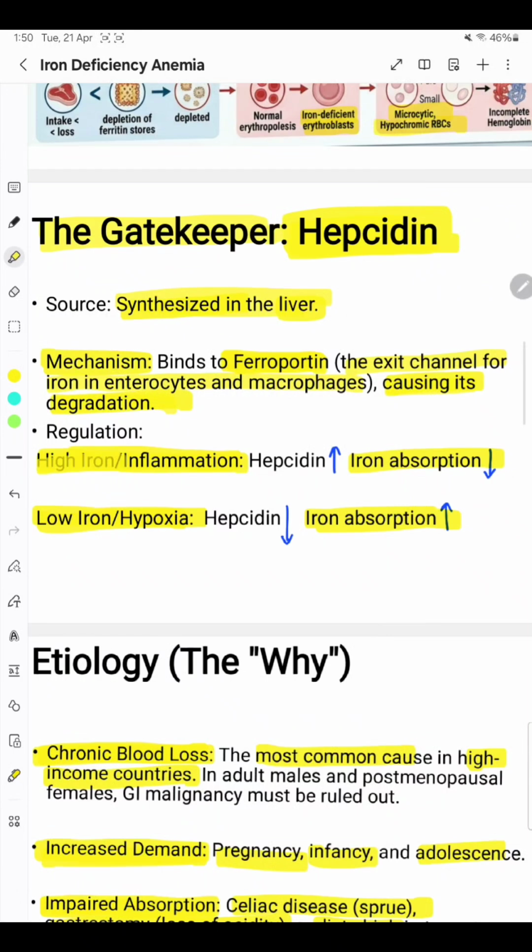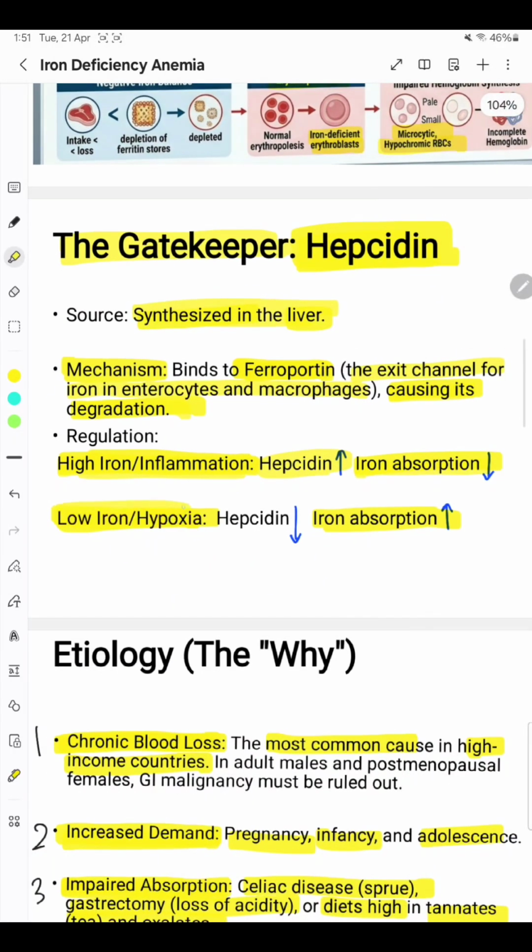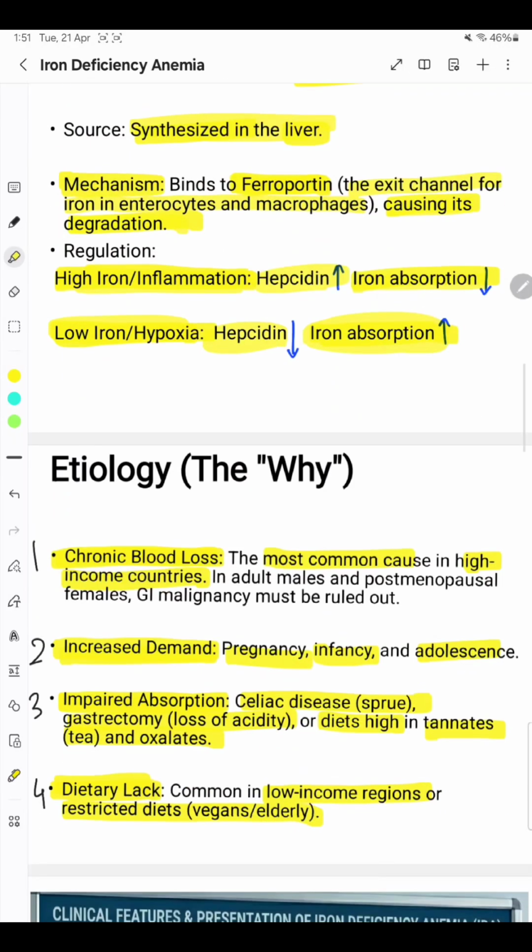Whenever there is iron overload or inflammation, this will stimulate more hepcidin synthesis, and ultimately this decreases iron absorption. Conversely, when there is low iron or hypoxia, this causes decreased hepcidin synthesis, and iron absorption is increased.